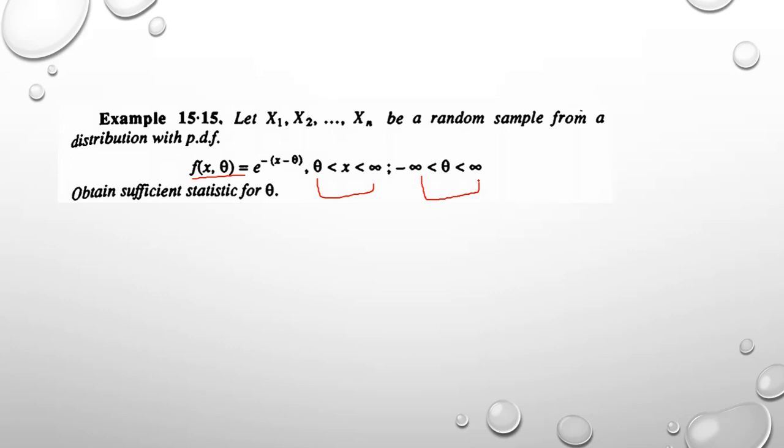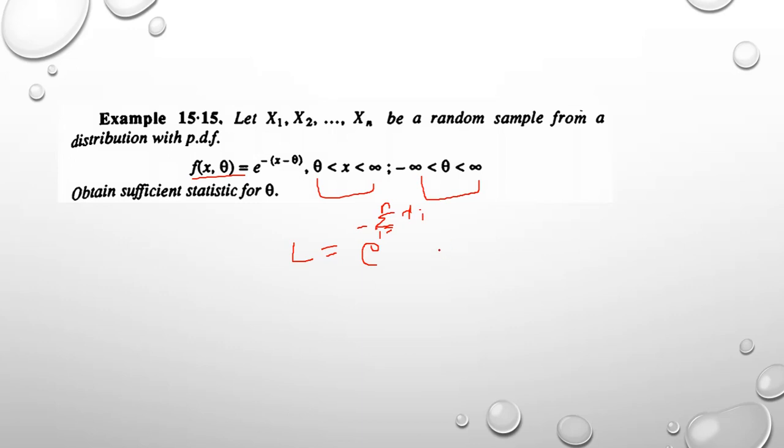Now when you find the joint distribution, L equals exponential minus summation i equal to 1 to n xi.